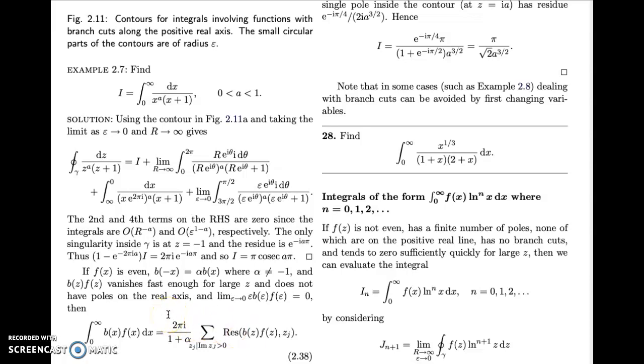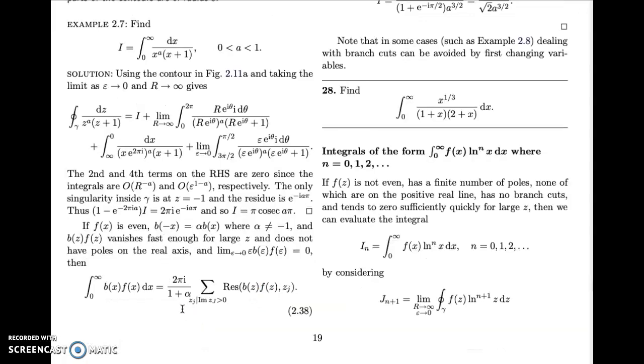Okay, so if f is even, the function we're integrating is even, and we've got some b, so yes, I've given some formula.